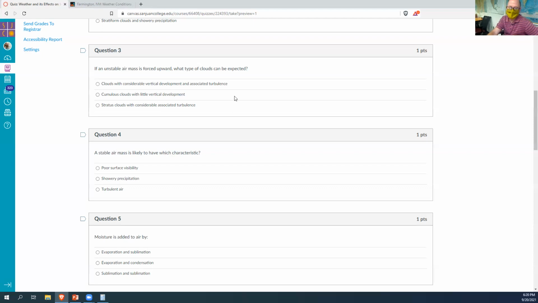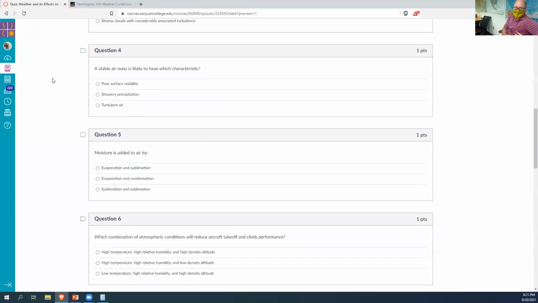What do you think? A or C? What are stratus clouds? Aren't they the wispy ones? They don't have to be wispy, but they can have condensation in them. Clouds with considerable vertical development is unstable, right? Vertical movement is unstable air. Okay, so that's good.